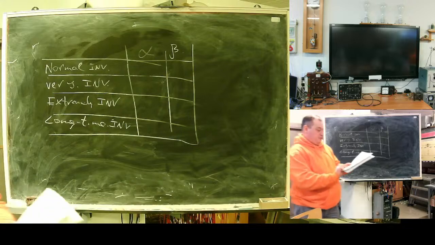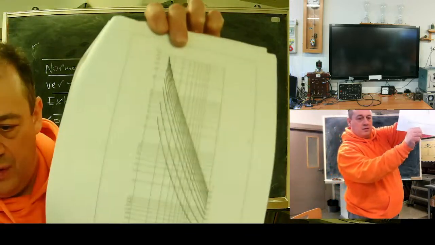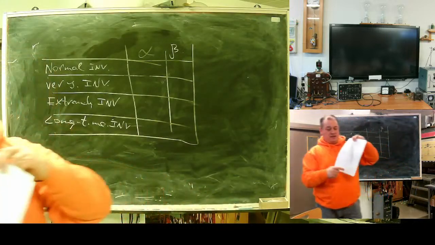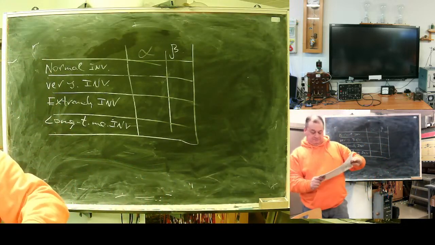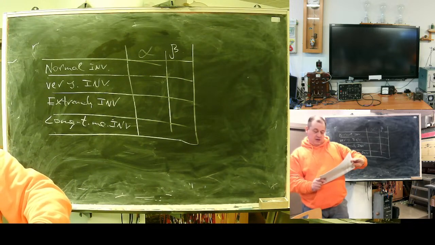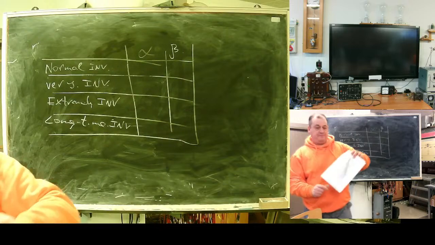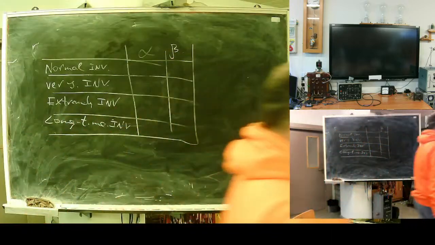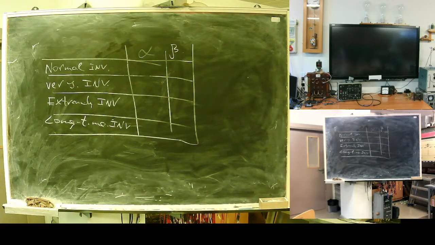Like, for example, this one is independent of time multiplier. These are extremely inverse. You need such a set of characteristics. And what do you do with it?